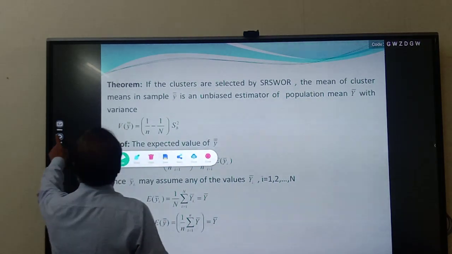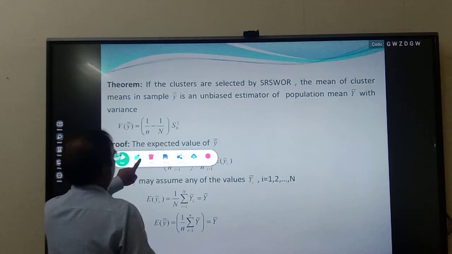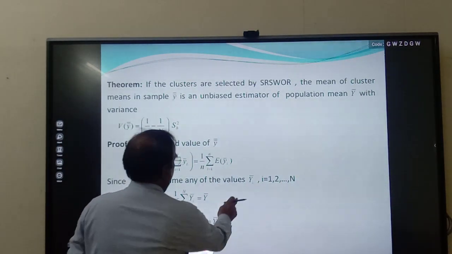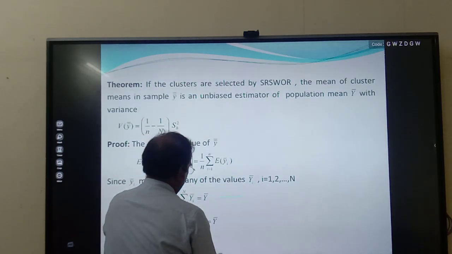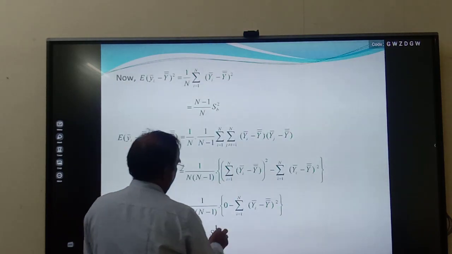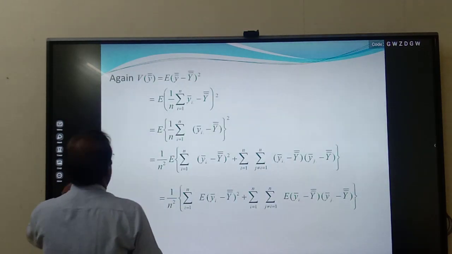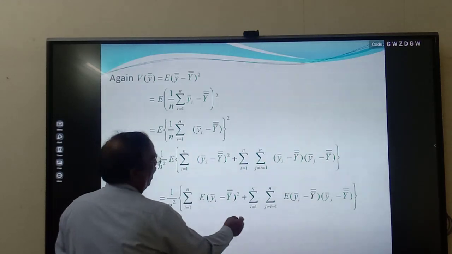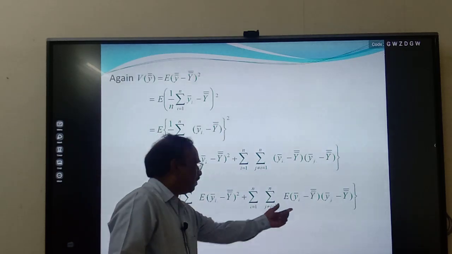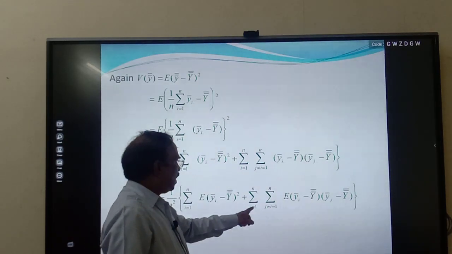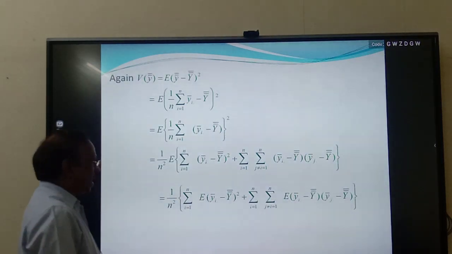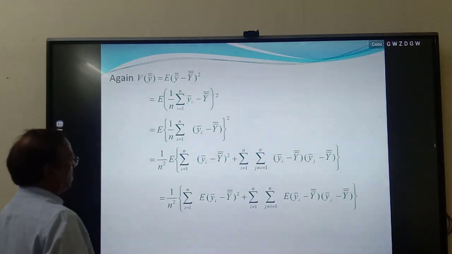We have found out the expected value of this term and the expected value of this term, and this term is being summed up n times and n minus 1 times, j not equal to i going from 1 to n.